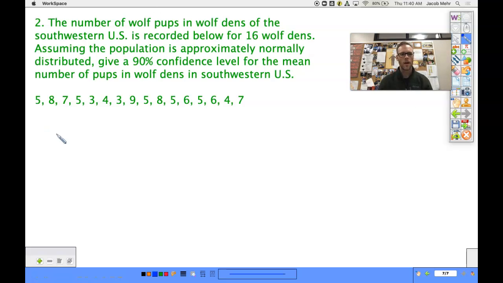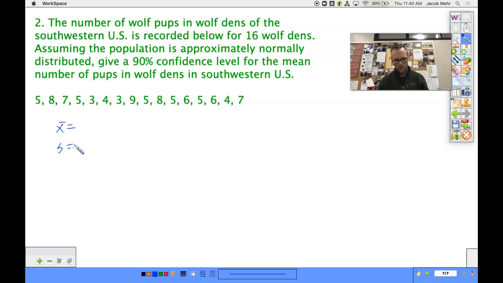So just like in the last problem, we need to know what our sample mean and our sample standard deviation is. So I'm going to grab my calculator again. Stat edit. Let's clear out the list from the last problem. Here we go. 5, 8, 7. Okay, good. And I always double check that, okay, I did put in 16 numbers and there were 16 numbers there.